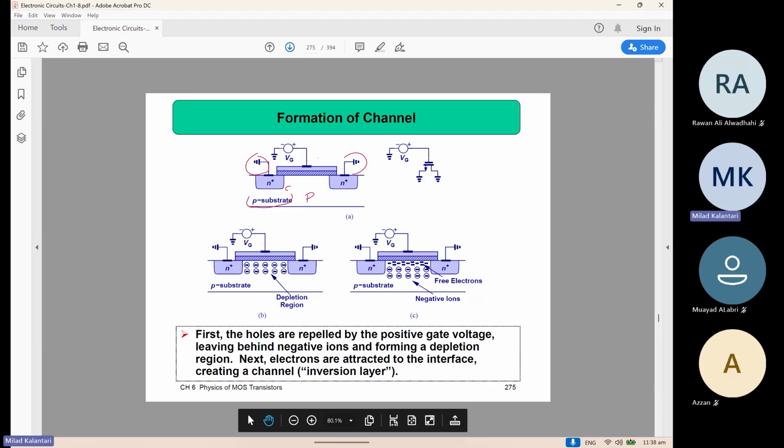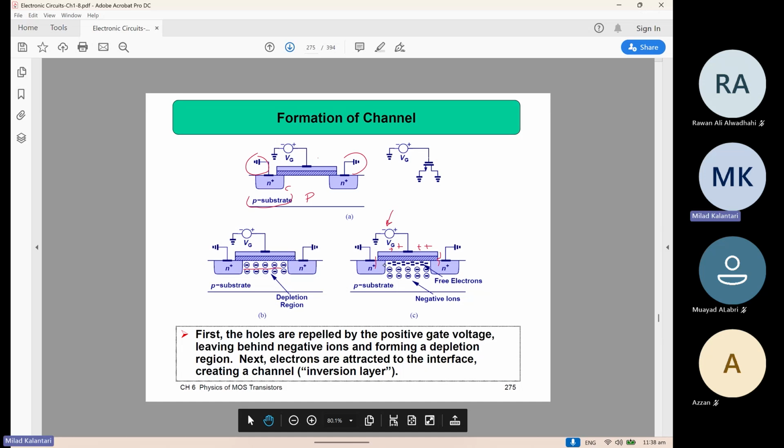So initially this channel is kind of closed. There is no way that free electrons or holes can pass through, because the depletion region is there already. And if you apply some positive gate voltage, because of this capacitive region here, some positive charge will live on this part of the cap and some negative charge goes up.